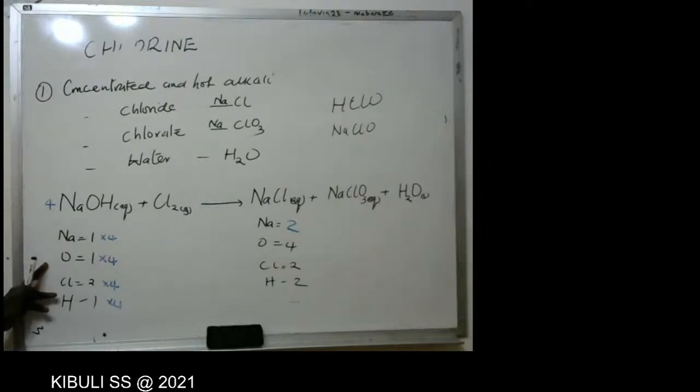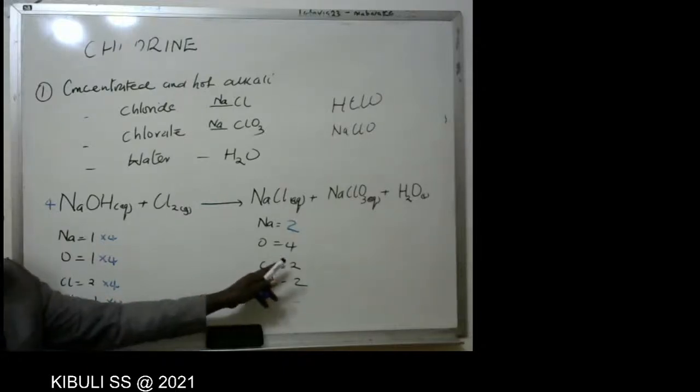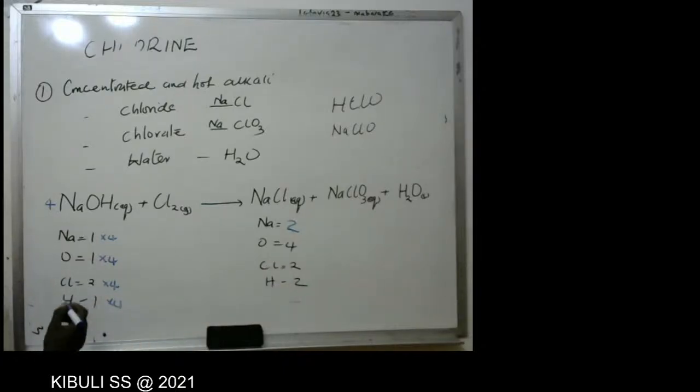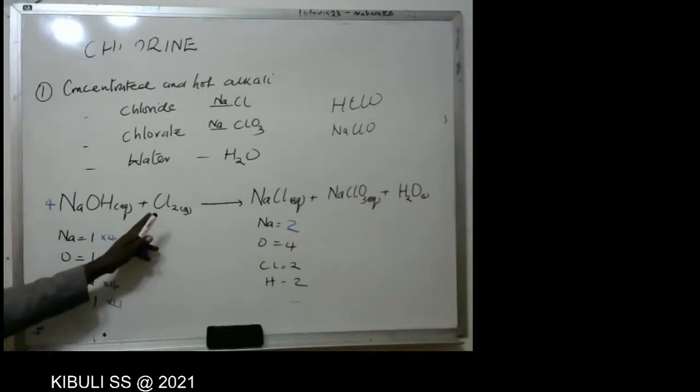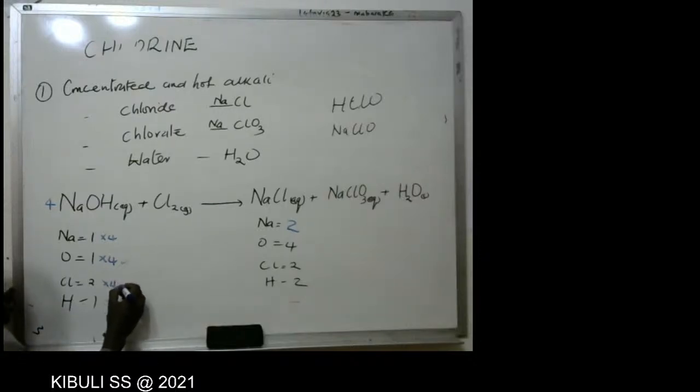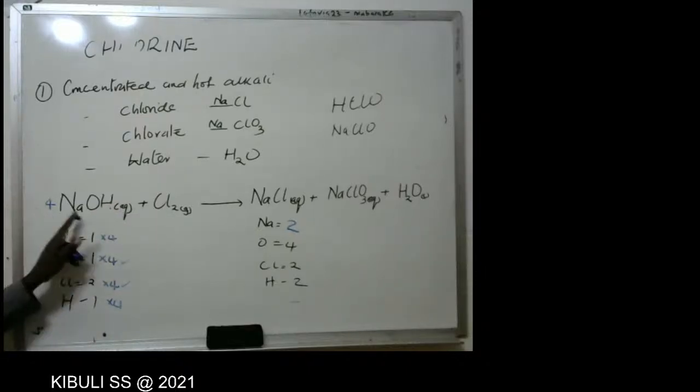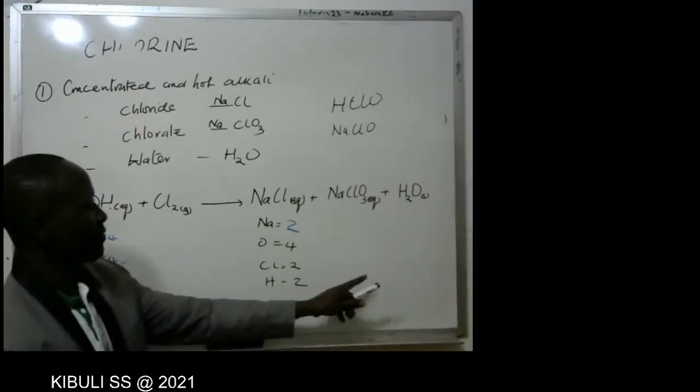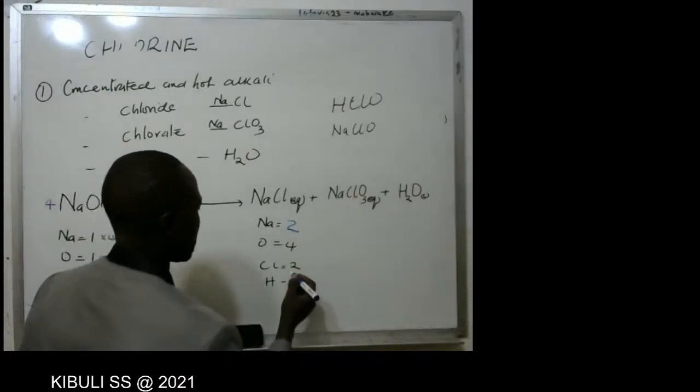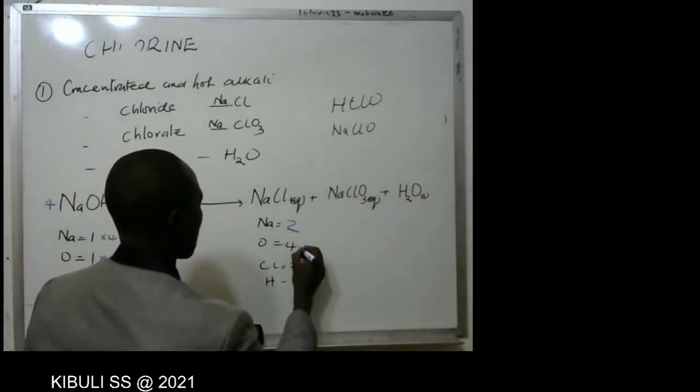Here oxygens are 4 and here oxygens are 4. So this one is now okay. How many chlorines are this way? Only 2. That one works out. Hydrogens are 4 here, but here how many hydrogens are available? 2 only. So this one has worked out.